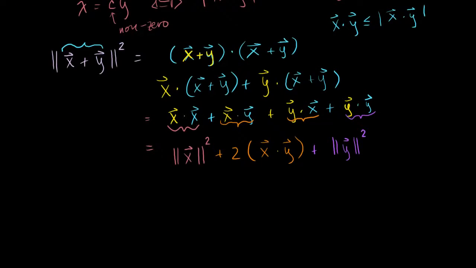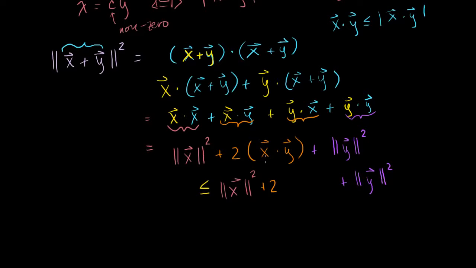So if I rewrite this statement, it is definitely less than or equal to this exact statement, but if I replace these with the lengths of the vectors. So that is less than or equal to the length of x squared, plus 2, but I want to make it very clear what I'm replacing here. And then I have the plus length of my vector y squared.